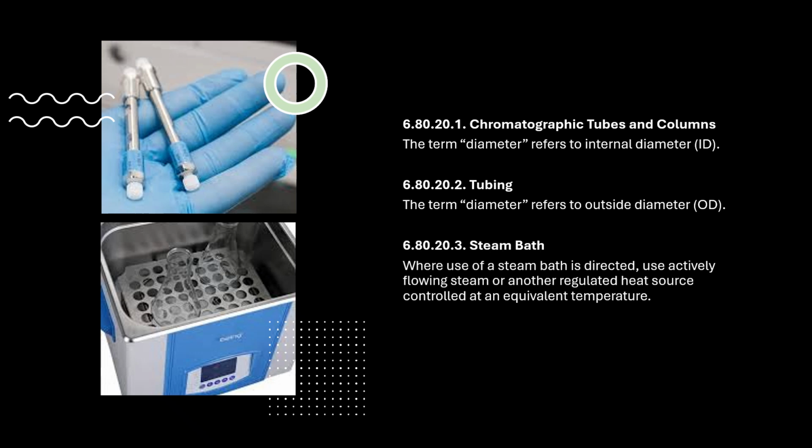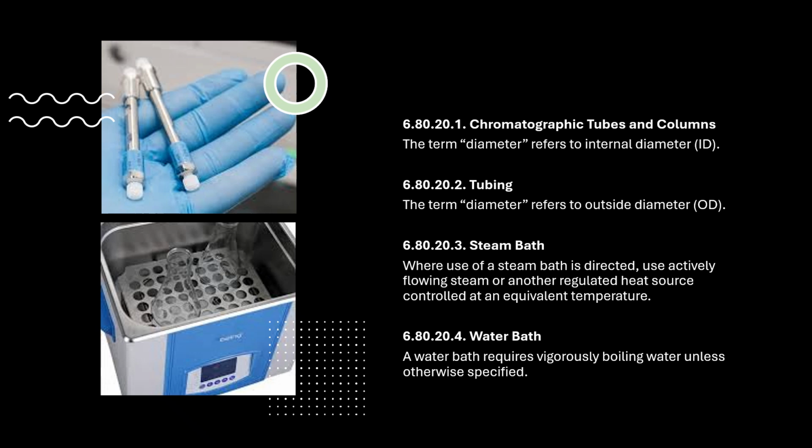Next one is 6.80.20.3, that is steam bath. Where use of a steam bath is directed, use actively flowing steam or another regulated heat source controlled at an equivalent temperature, right? The next is 6.80.20.4, that is water bath. A water bath requires vigorously boiling water unless otherwise specified, right?